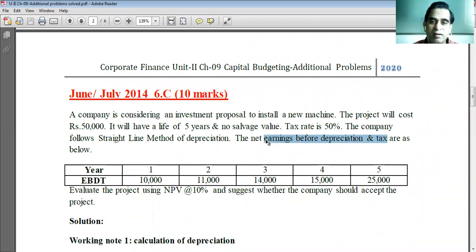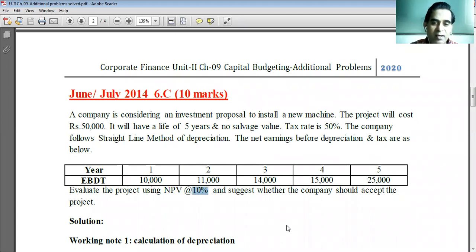So since it is written earnings before depreciation and tax, we write here the short form EBDT, earnings before depreciation and tax. Okay. So the only difference is the EBDT amounts are different each year, and the interest rate is also 10% only.